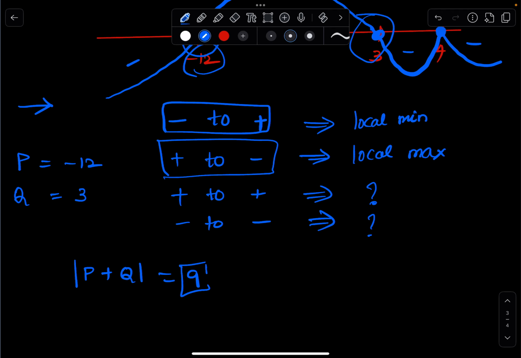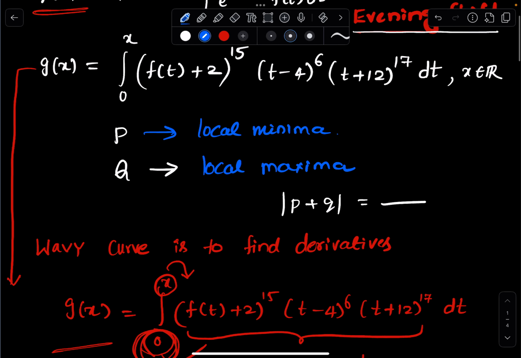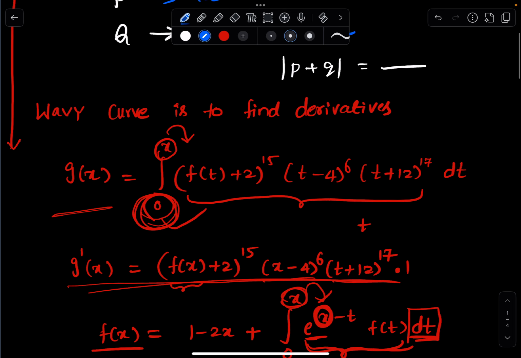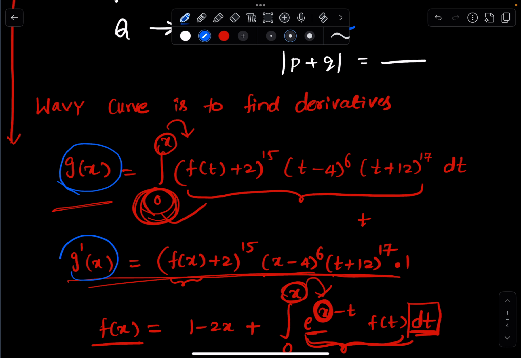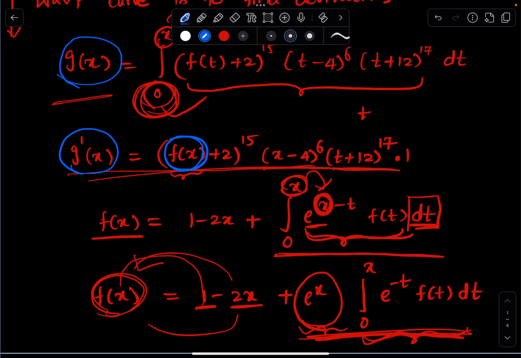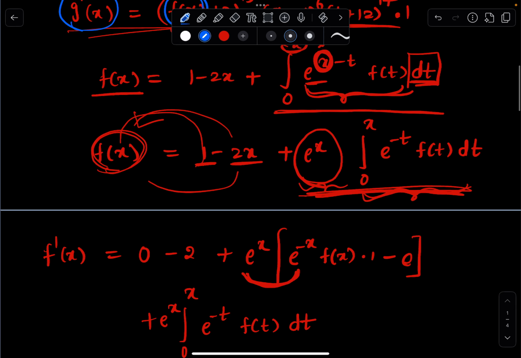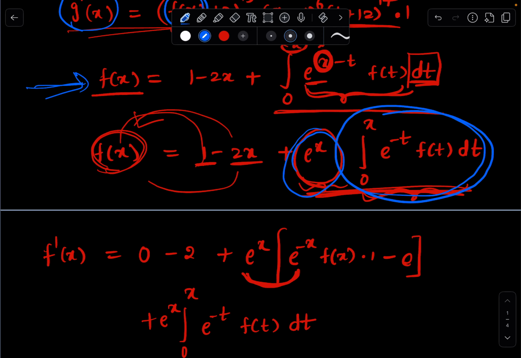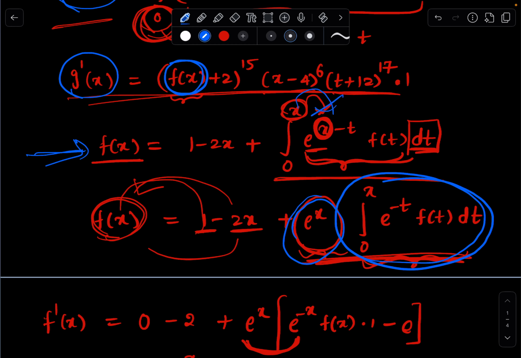Alright. So initially you have to find out the derivative of the function, g dash of x, and then you will be observing that there is a term f of x involved here. So you have to take another equation which is given in the question, and while integrating that you have to be careful about this fact that you cannot directly put x into this thing.